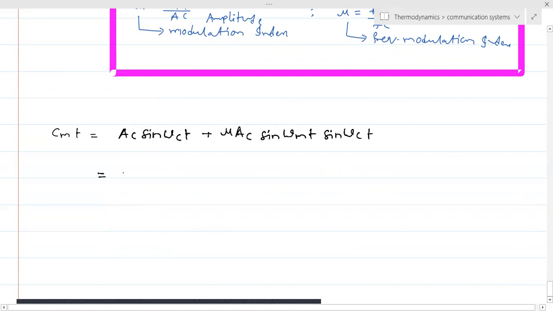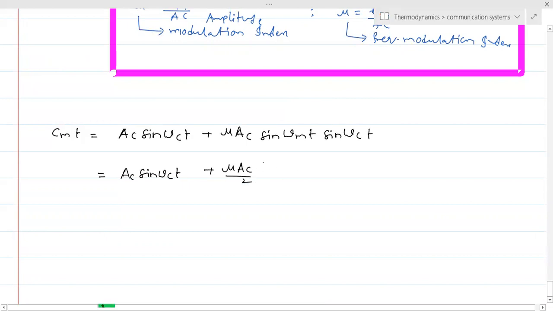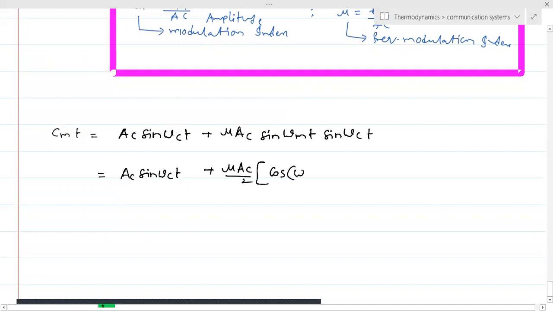Or finally, we have AC, amplitude of carrier wave, into sin omega ct plus it can be written as mu AC by 2 into, 2 sin A sin B can be written as cos of A minus B minus cos of A plus B. That's why we are writing cos of omega c minus omega m into t minus cos of omega c plus omega m into t.